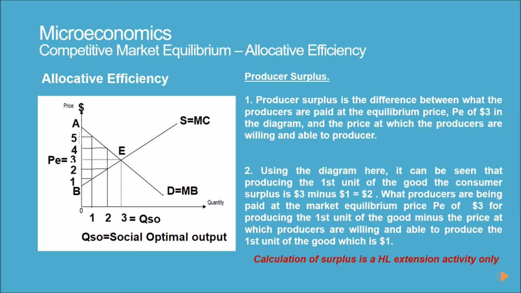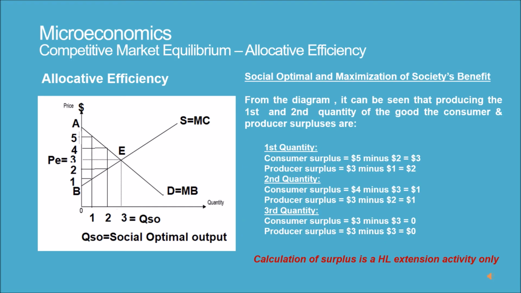What producers are being paid at the market equilibrium price PE of $3 for producing the first unit of the good minus the price at which producers are willing and able to produce the first unit of the good, which is $1.